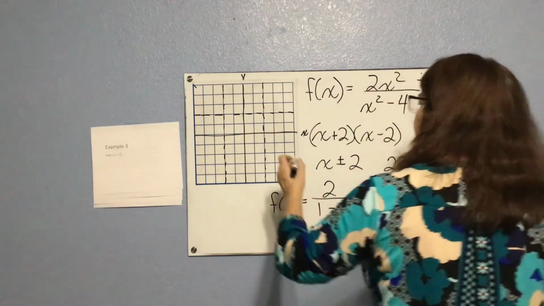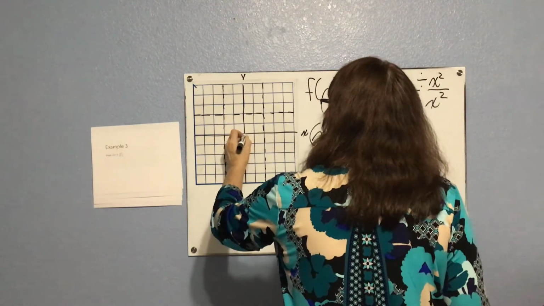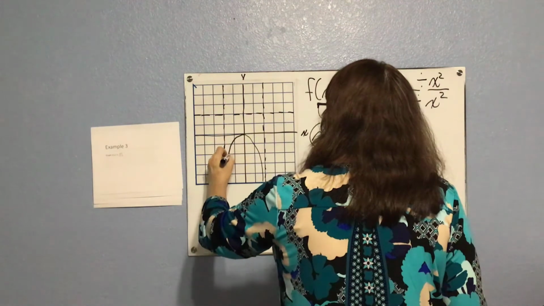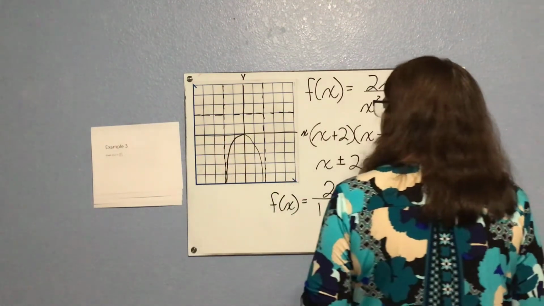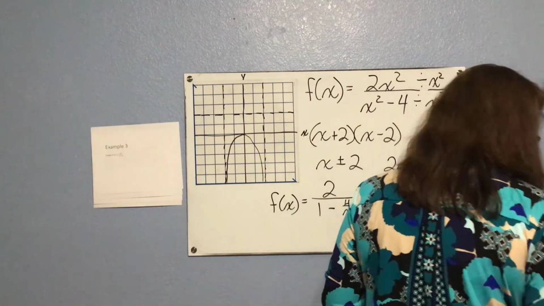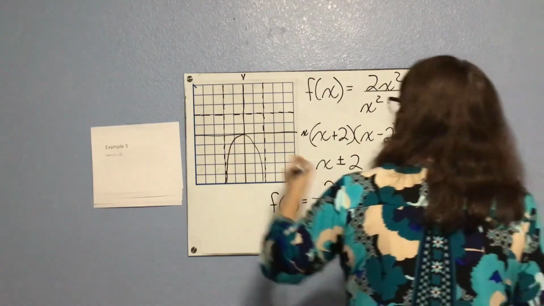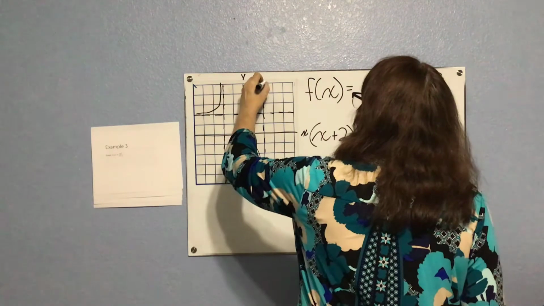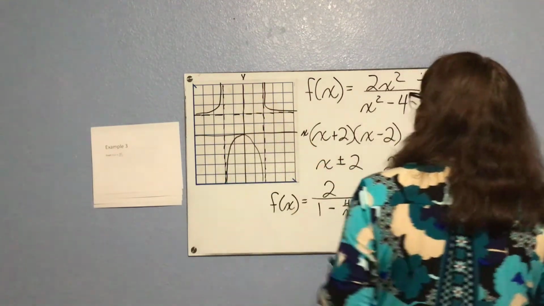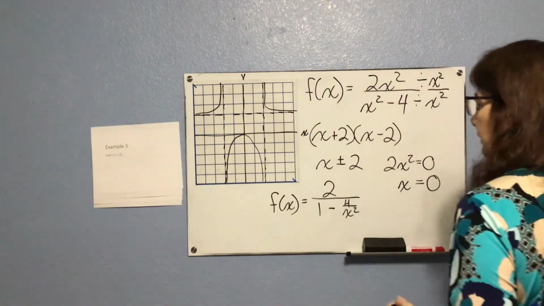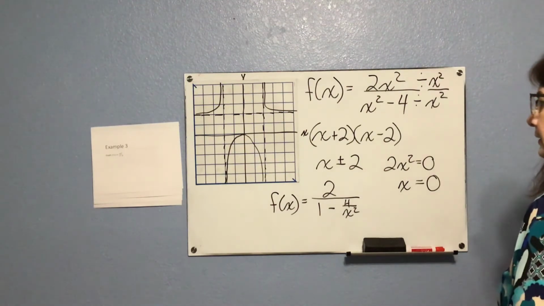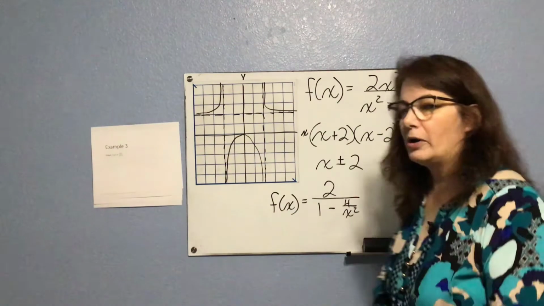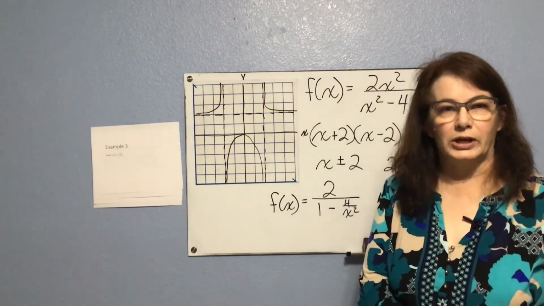If I do that, I find that this rational function has a curve here in between these 2 vertical asymptotes that looks kind of like a downward opening parabola. And then it also has a curve up here and a curve over here. So a little bit different looking function. So pause the video now and work on checkpoint 3.